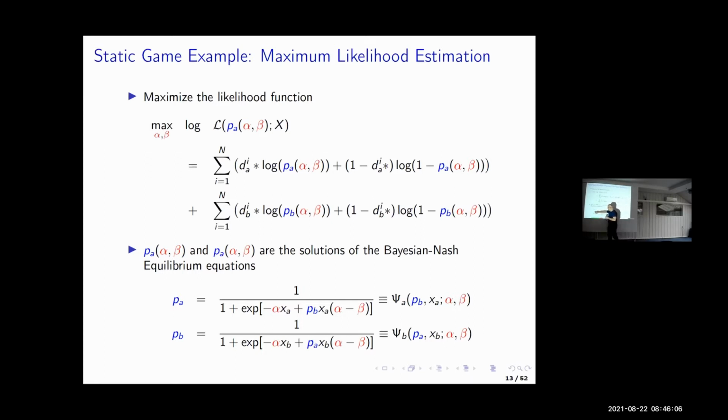So these are the best response functions that you looked at before. These P's, as functions of the parameters, need to be solutions to the game, right? And these solutions, or equilibria, depend on the structural parameters. So we can move those things around and see whether we can fit the data.